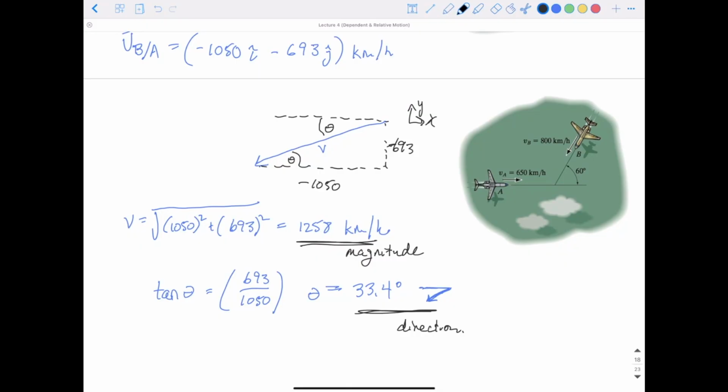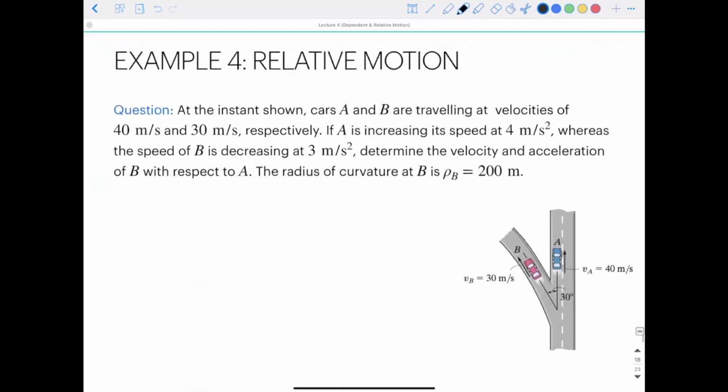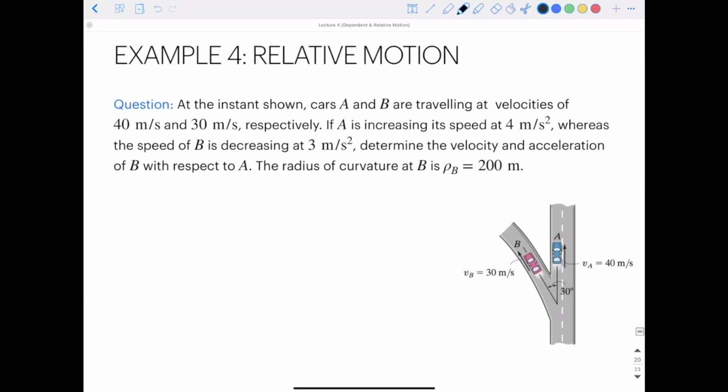All right, we got time for one more example. So this question's a little different. At the instance shown, we have car A and car B. They're traveling at velocities of 40 meters per second and 30 meters per second respectively.